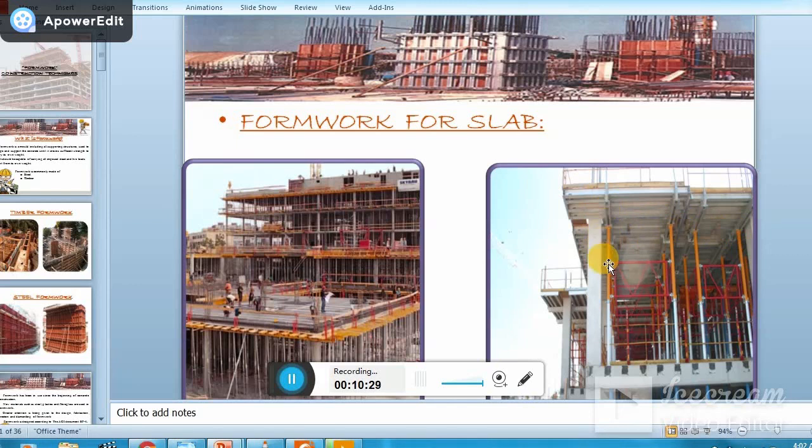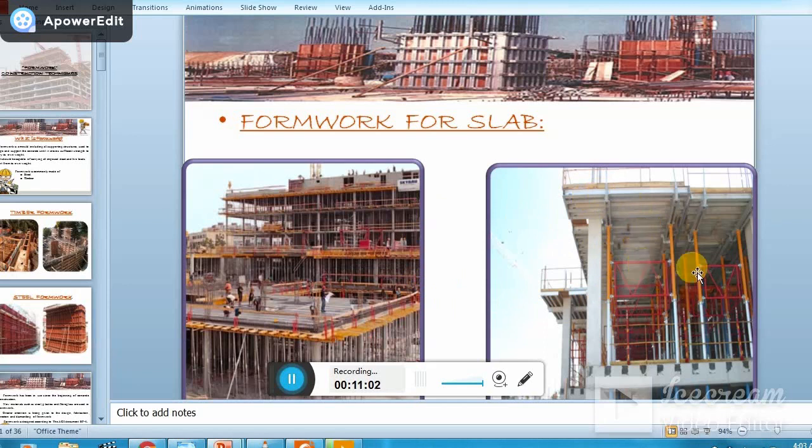Its own weight is also coming on the shoring, and that's why at the initial stage there is no loading on the concrete. Once the concrete is done and gets its strength, or you can say the concrete is cured, after that the composite action begins and the slab and beam behave like a monolithic structure.